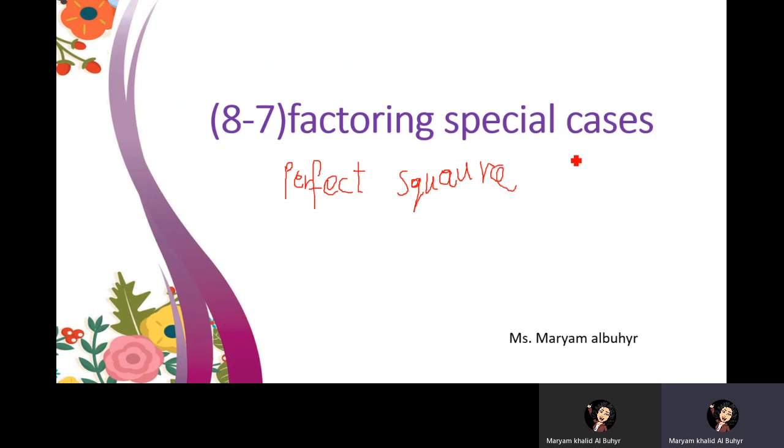So the perfect square, which will be (a plus b) all to the power 2, is equal to a to the power 2 plus 2ab plus b to the power 2.